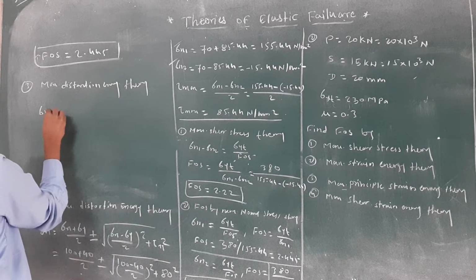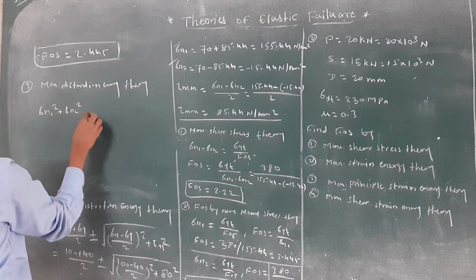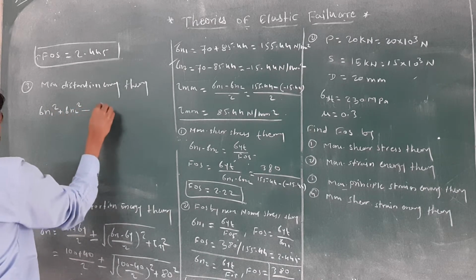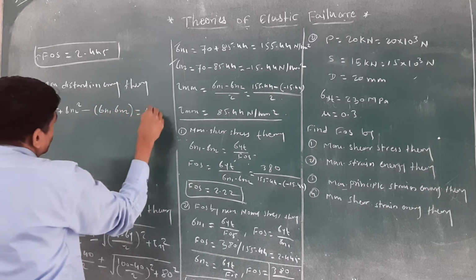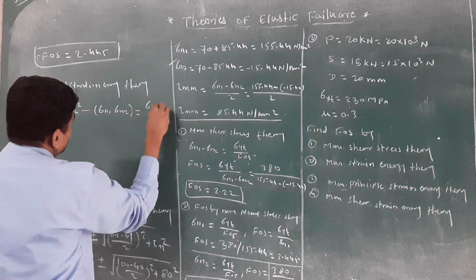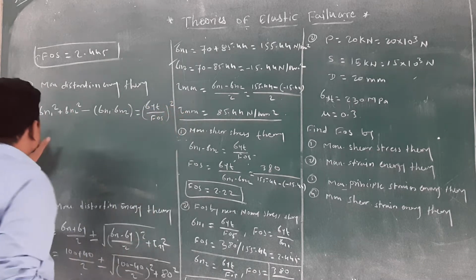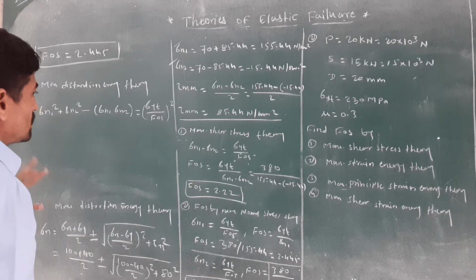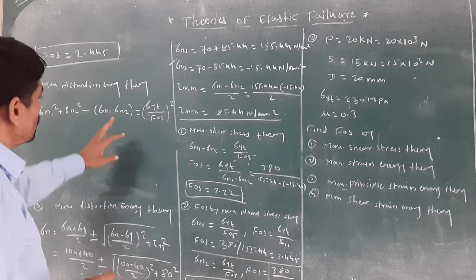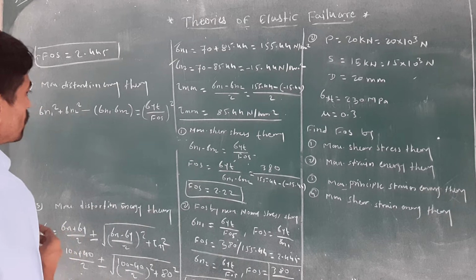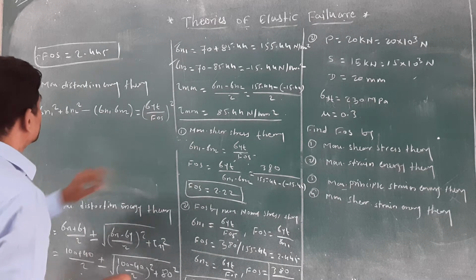You should remember the formula: sigma N1 square plus sigma N2 square minus sigma N1 into sigma N2 is equal to (sigma YT divided by factor of safety) square.